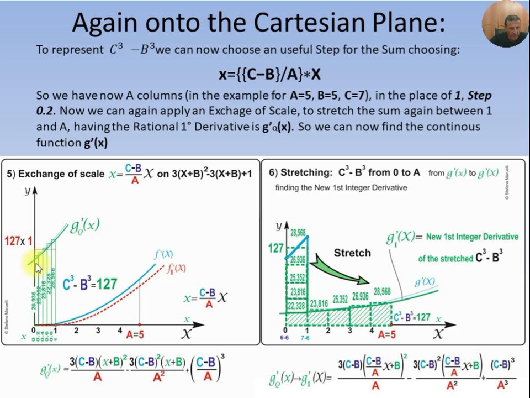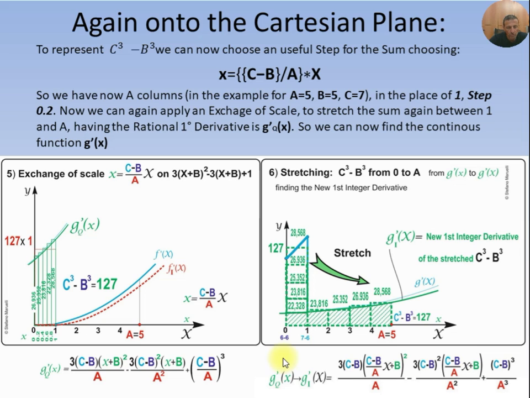So I again keep one by one this little column, and I enlarge the base from 0 to 1 with another exchange of variable, again with the same (c minus b) over a factor. These terms enter into the sum close to the x-dependent terms only.